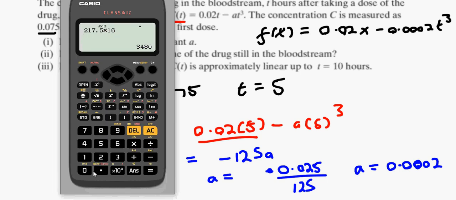No bother, table function: 0.02x minus 0.0002x cubed. I'll start at 0, I'll end at 20, I'll go up a step of 1. Right, that's your concentration in your bloodstream.